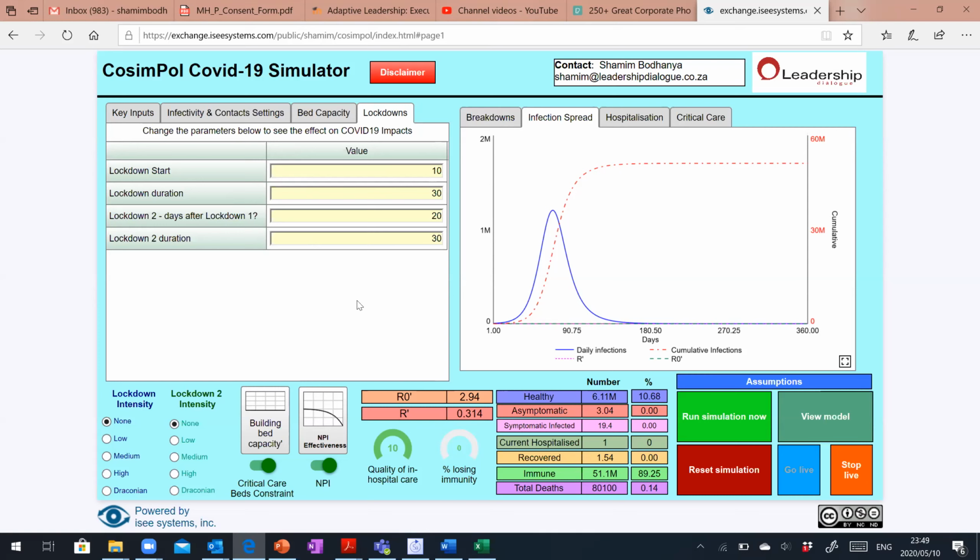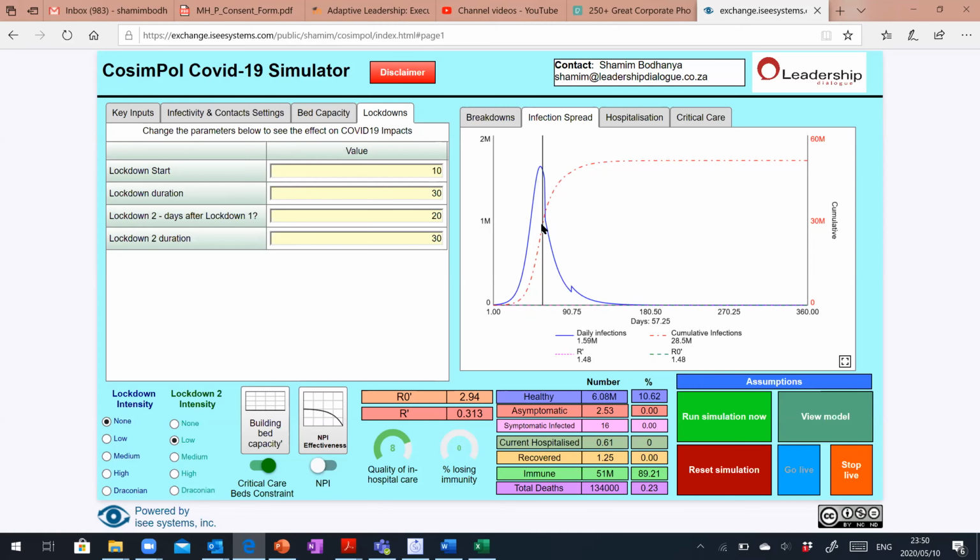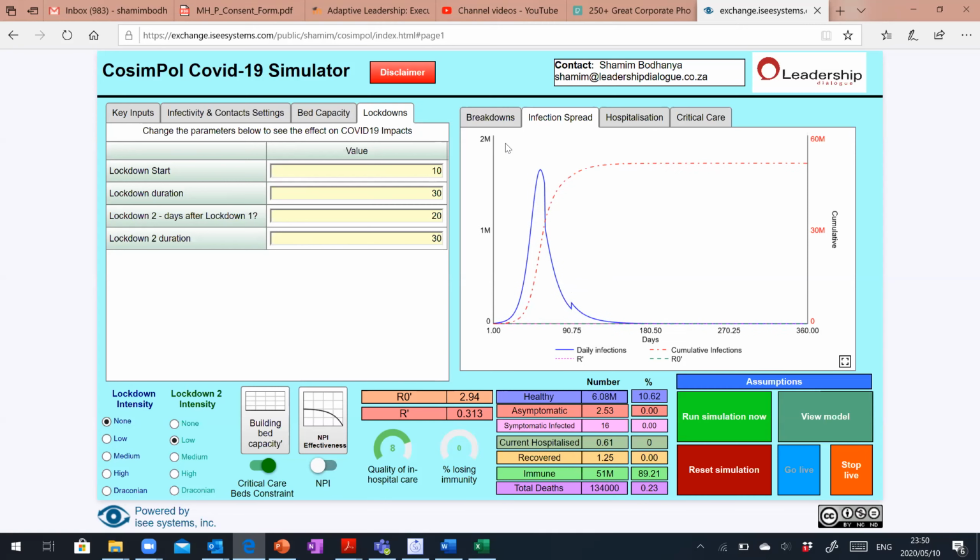So the question becomes, if we don't have lockdowns, or we have relatively low intensity lockdowns, they're not having as significant an impact. If I go back to the base case and I go to a lockdown intensity of low, we still have a significant number of deaths, and we still have a fairly high peak infection ratio.